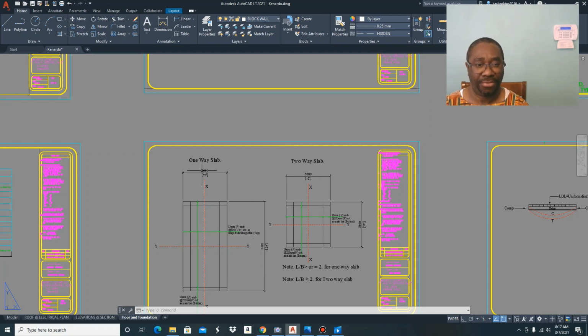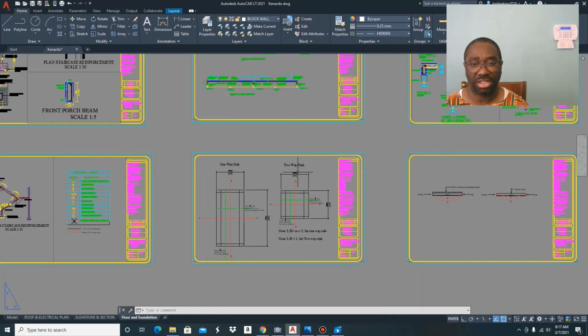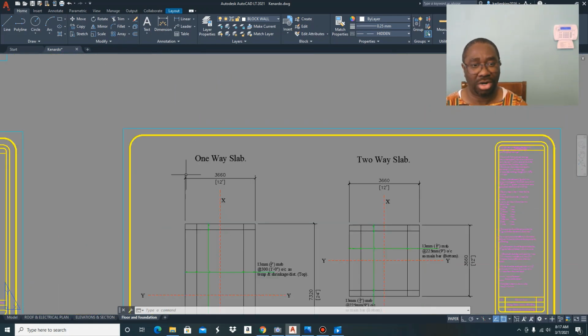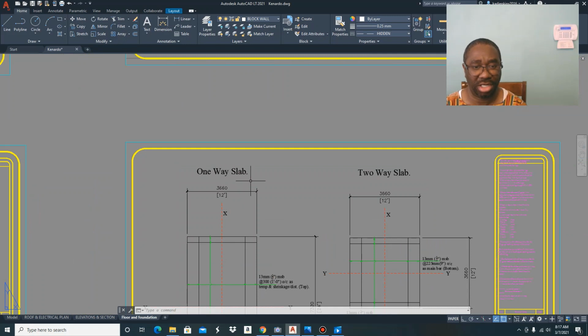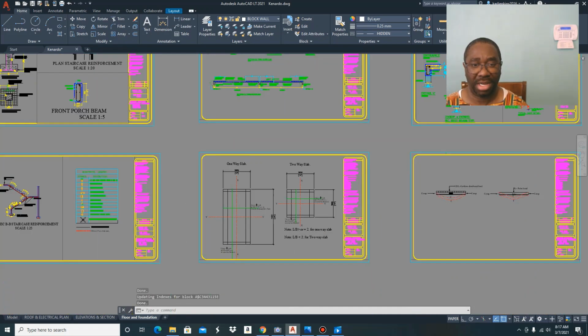Therefore, this knowledge is just added knowledge for you as a builder or a contractor to observe, and you can have a better appreciation for when you're dealing with your slab reinforcement plan.